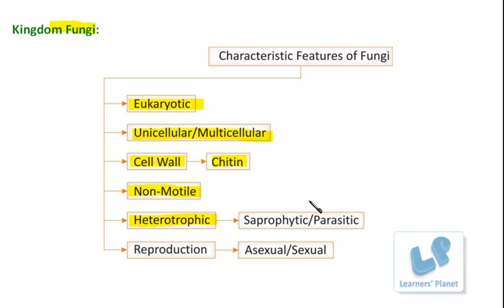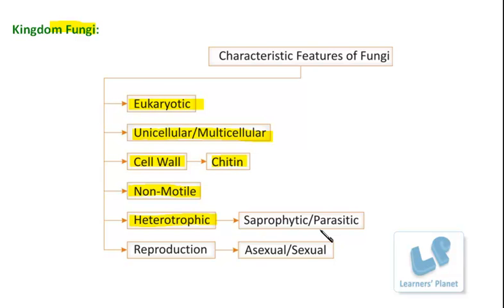Now, this similarity is going towards the organisms that belong to the Animalia group, but here is the difference: these organisms are not ingesting the food material. Getting my point? They never ingest the food material, whereas in animals that mode is present. They can ingest the food material and digest it inside their body.